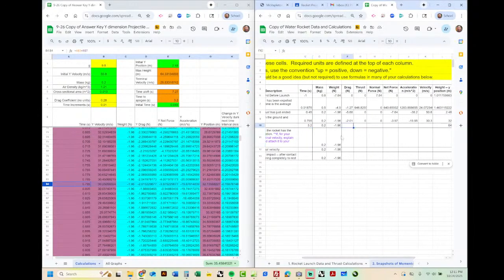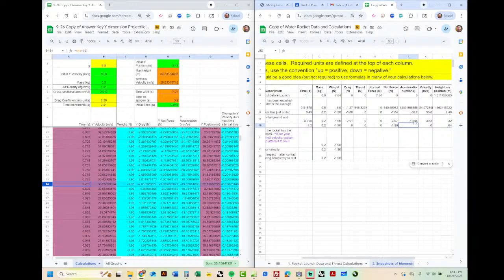Drag, at the top there's no air resistance because there's no velocity. So I can do 0 for velocity, 0 for drag, 0 for thrust, 0 for normal force. Net force is going to be weight. It's going to be the sum of all those, but it's equal to weight at this point. And if you do weight divided by mass, you get negative 9.8, which is because this is free fall, because the only force is weight.